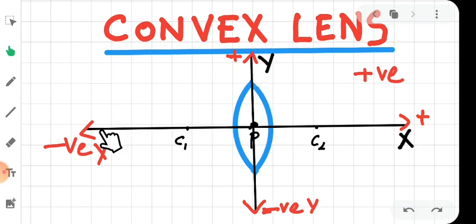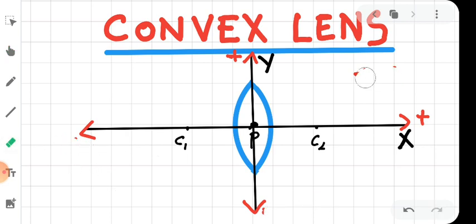From here to the left side you have the negative x-axis, and from there below you have the negative y-axis. Just remember this. No need to question it, you will have to take it for granted because that is the coordinate system that you follow.